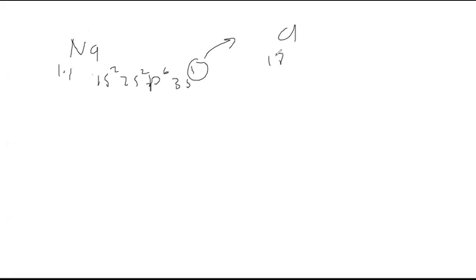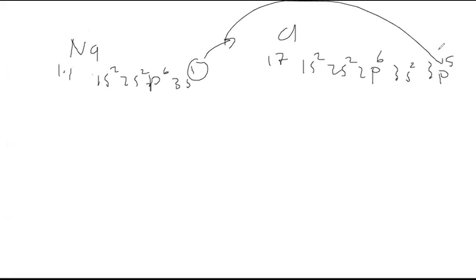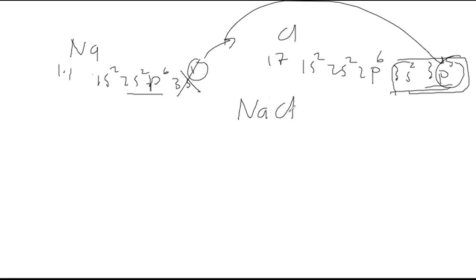Chlorine, Cl 17, is 1s2, 2s2, 2p6, 3s2, 3p5. So this is the electron that is easy to gain. After sodium loses this electron, it will follow the octet rule, which means the outermost energy level is now completely filled with 8 electrons. After chlorine gains this electron, it will follow the octet rule too. So both are stable, and the compound will be NaCl. The number of electrons lost is equal to the number gained: the electron lost from sodium is gained by the chlorine. That is the ionic bond.